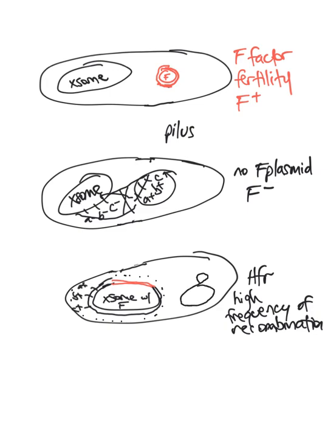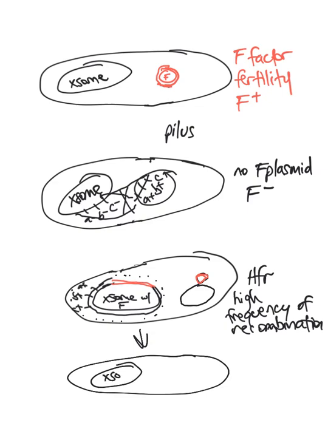And we get that F factor DNA just kind of excluded out of the chromosome, okay? Then what we could potentially create is a cell that would have, here's its chromosome. It doesn't have the F factor in the chromosome anymore.